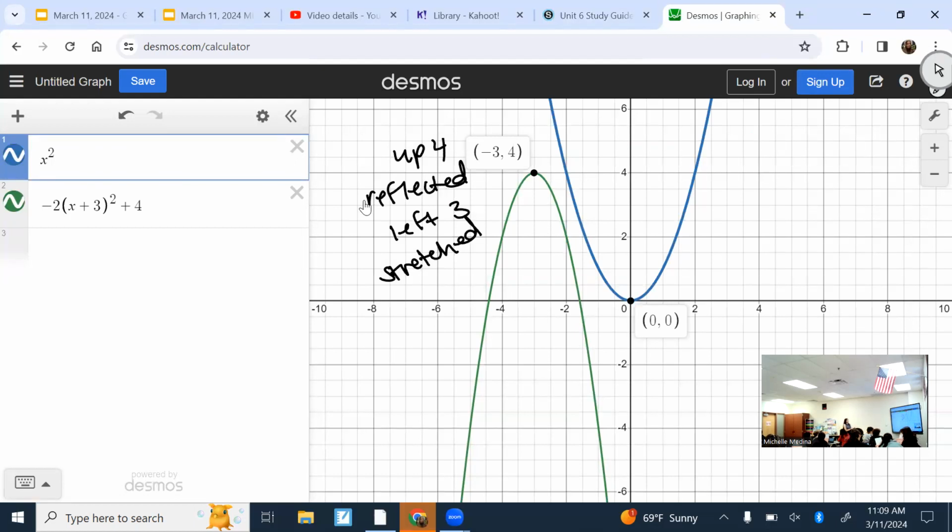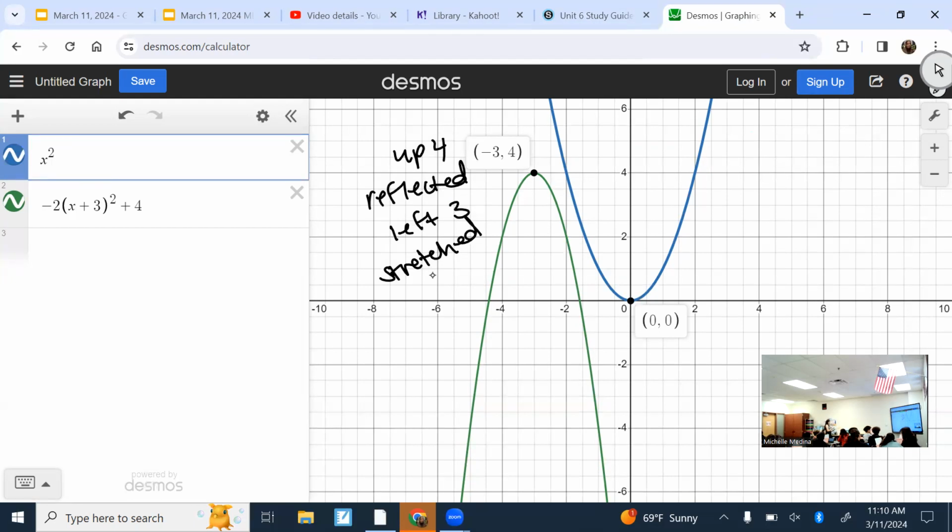But you're right, it does have to do with the A not being 1, or a -1 for that matter. When A is greater than 1 or less than -1, it does cause a vertical stretch where it becomes more narrow than the original. So all of these 3 things happened. Those are all the transformations, the most I think you could have with 4 transformations.